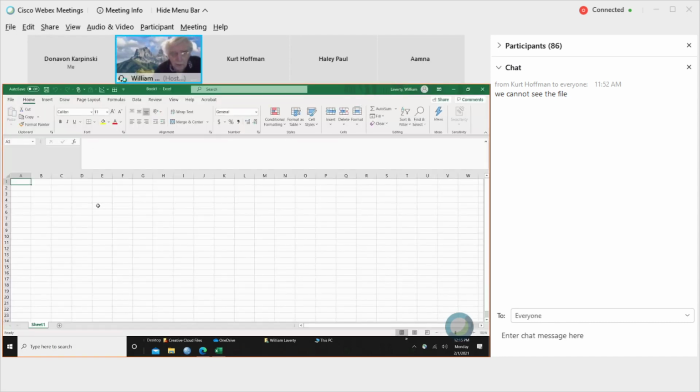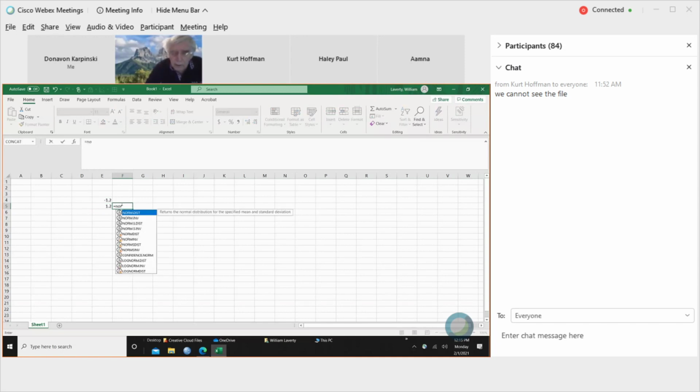I'll put 1.2 here and minus 1.2 here, and then enter equals NORM.S.DIST.